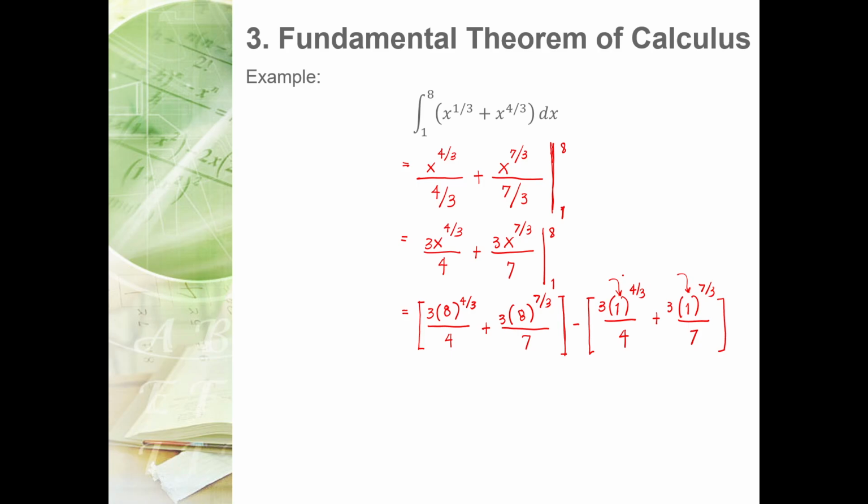If we represent this in radical expression, this becomes the cube root of 1 to the power of 4, and the other one is the cube root of 1 raised to the power of 7. The cube root of 1 is still 1, so 1 times 1 times 1 is still 1. Even 1 million, it would still be 1, right?